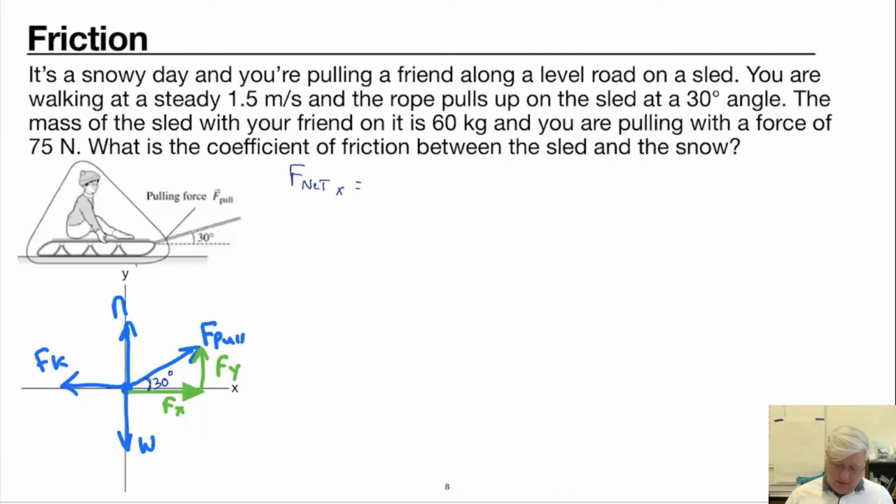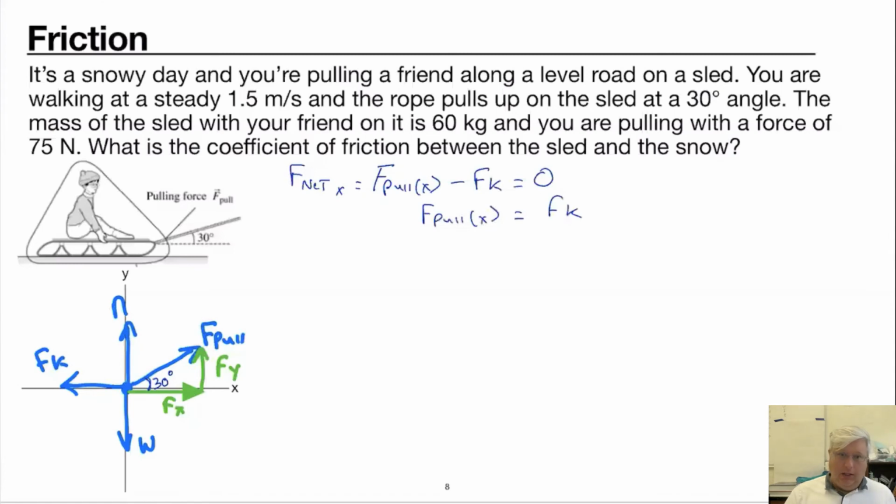So we know that along the x-axis, we have the force of the pull, the x component, minus the force of kinetic friction, and that all has to equal 0. Okay, so that means we could say that the force of the pull, the x component, is equal to the force of friction.